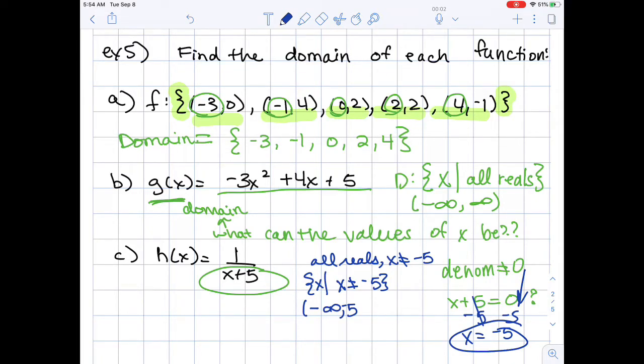We can't touch -5, so we close it with a parenthesis because we're not touching -5, and then we join it with a union of from -5 to infinity. So these are the 3 ways we can list our domain: listing it in words, listing it in set notation, and then interval notation.